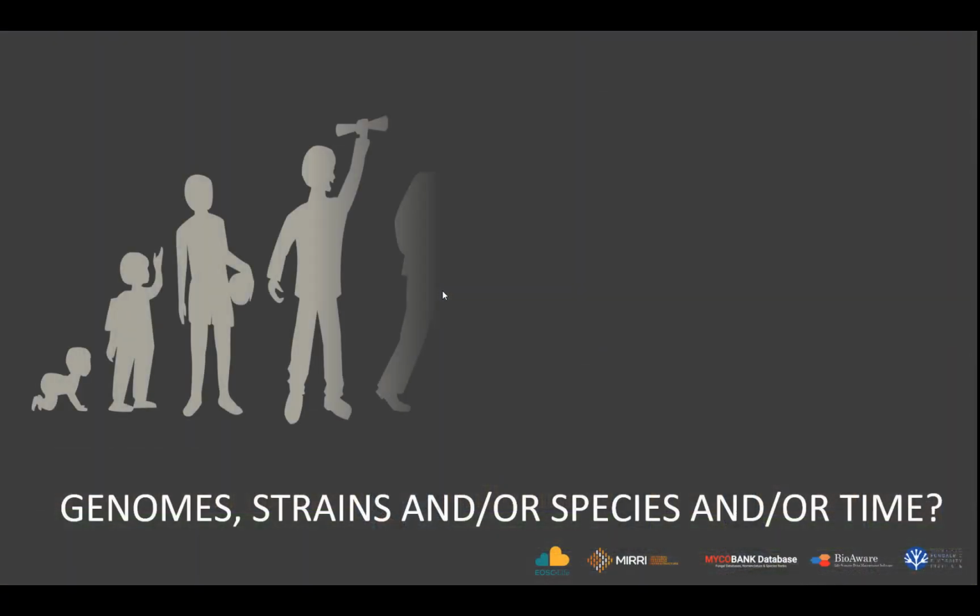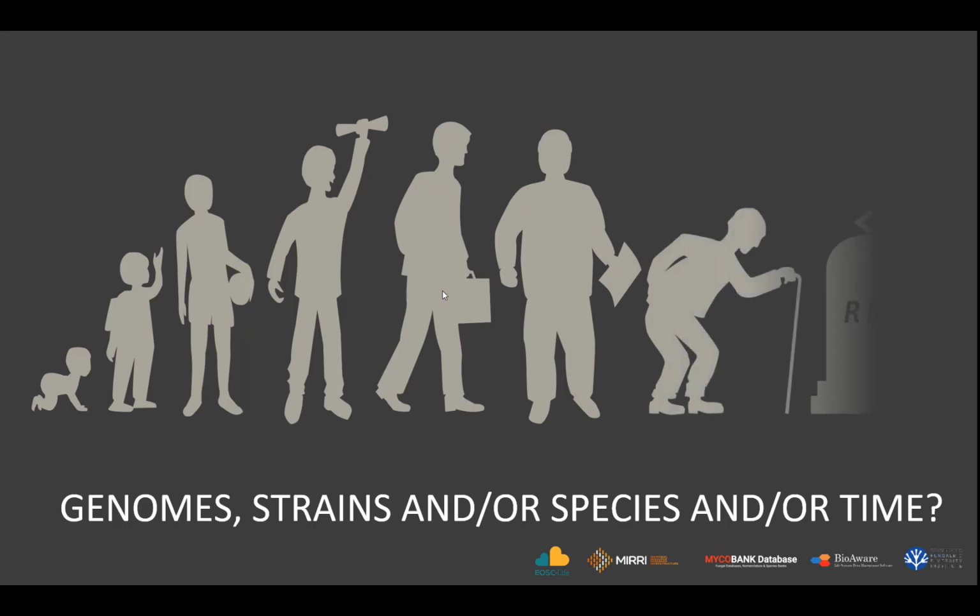And then even an individual, in a certain circumstance or over time or depending on the environment, will have different properties. This guy here is not the same as this guy here. His physiology is quite different, although it's the same individual in this case, but over time it has evolved, it has changed, and therefore the properties are different.